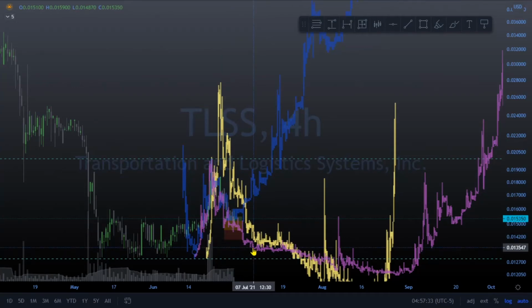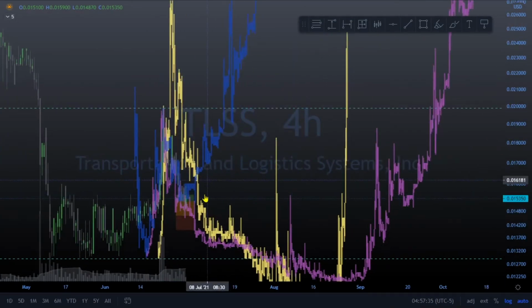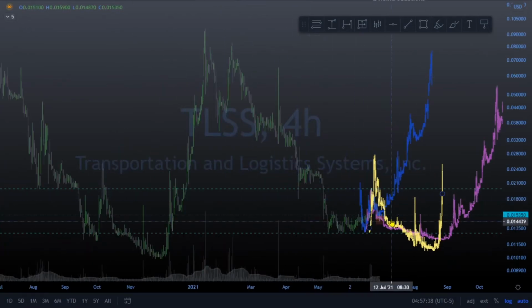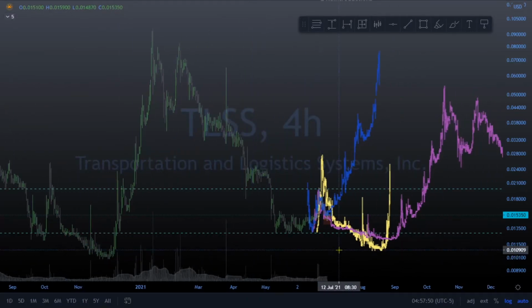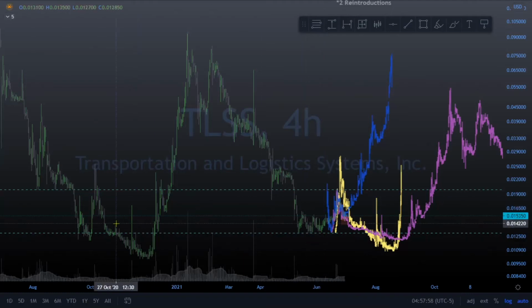This one is scaled in based on the possibility that the move we made is equivalent to this entire move in the past. The yellow is based off of if the move that we have currently made is equivalent to this little stutter in this structure.